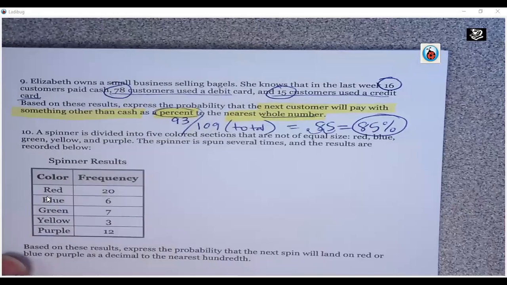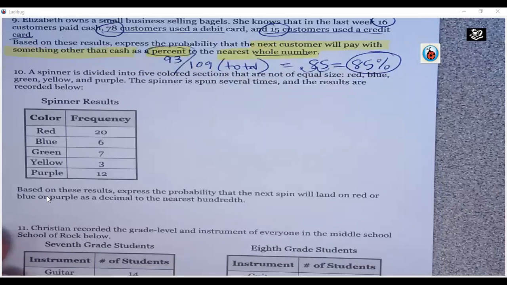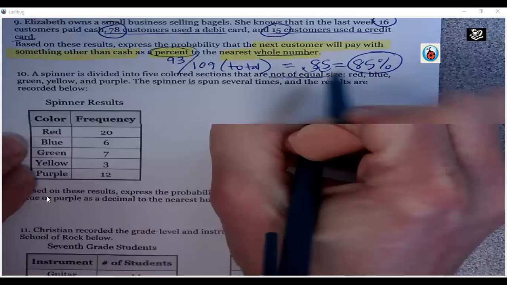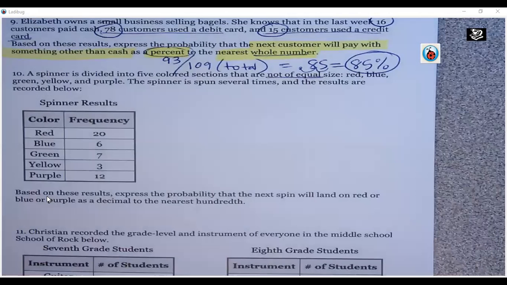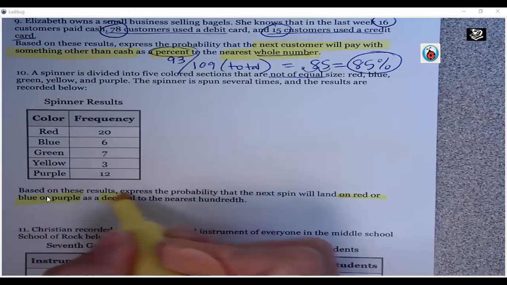Okay. 2 more, guys. A spinner is divided into 5 colored sections that are not of equal size. Red, blue, green, yellow, and purple. The spinner is spun several times, and the results are recorded below. Based on these results, express the probability that the next spin will land on red or blue or purple as a decimal to the nearest 100th.